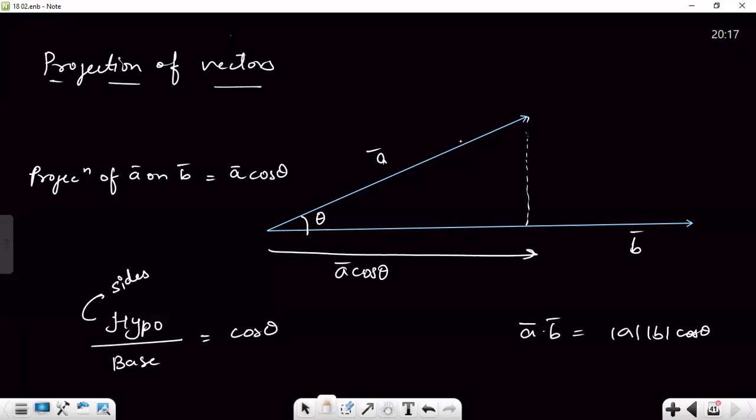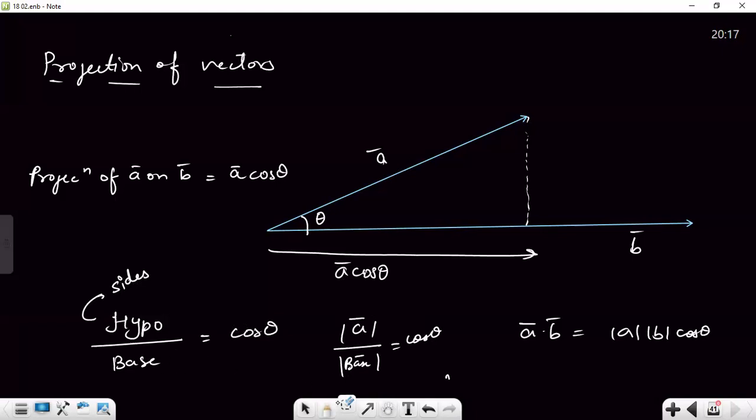So the hypotenuse side's magnitude divided by the base's magnitude is equal to cosine of theta. So the base vector's magnitude will be what?